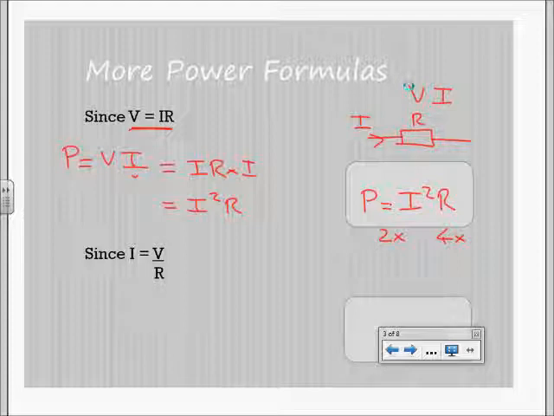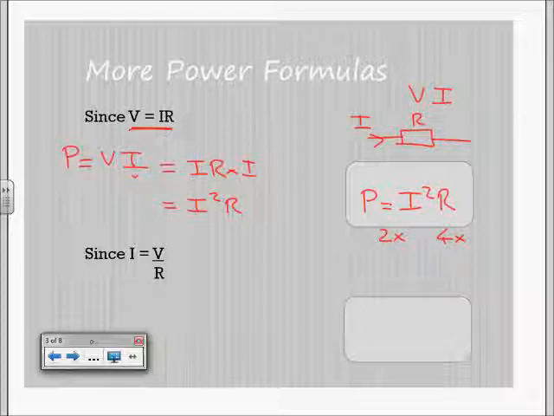The third possibility is that you have a situation where you've got the potential difference V across the resistor, and you know the resistance, but you don't want to bother working out the current separately.